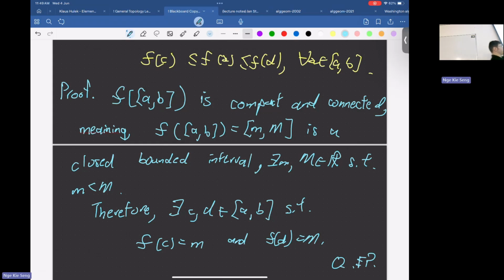Every function is always surjective onto its image.